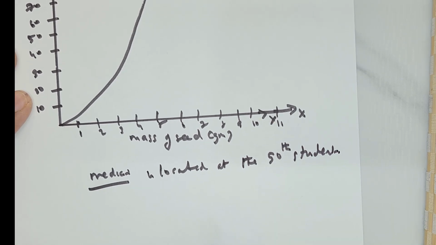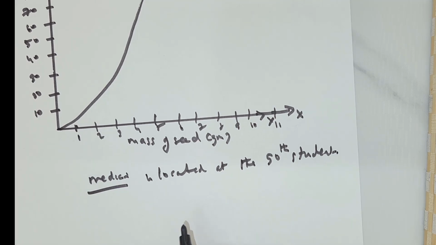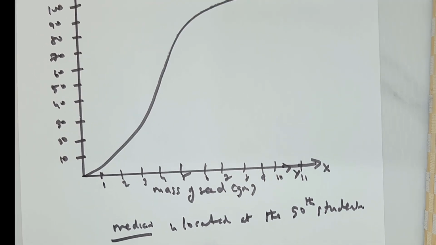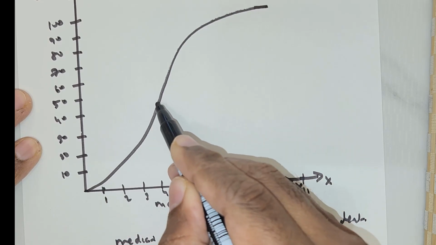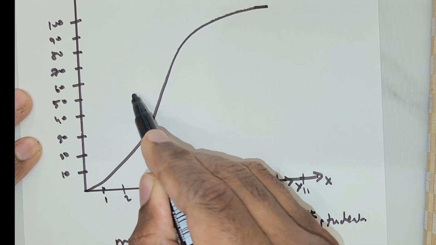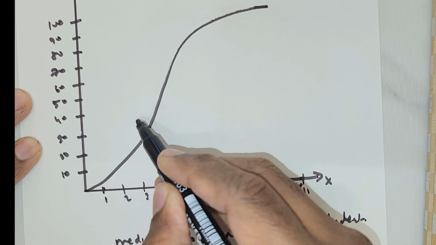So they want to know, on an average, the mass of the seed. So that has to be calculated. So 50 approximately, if you were to look at 50.